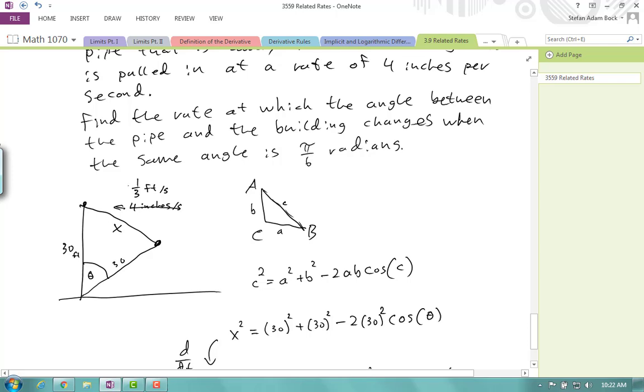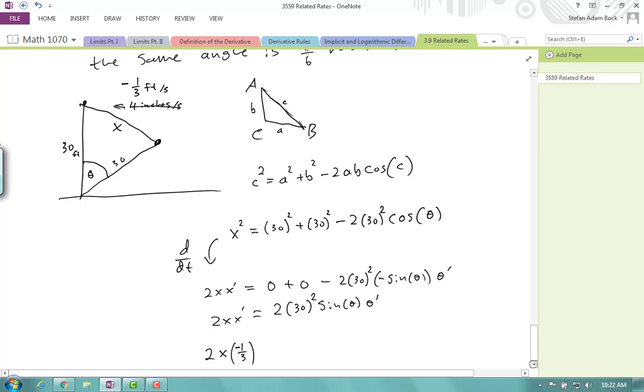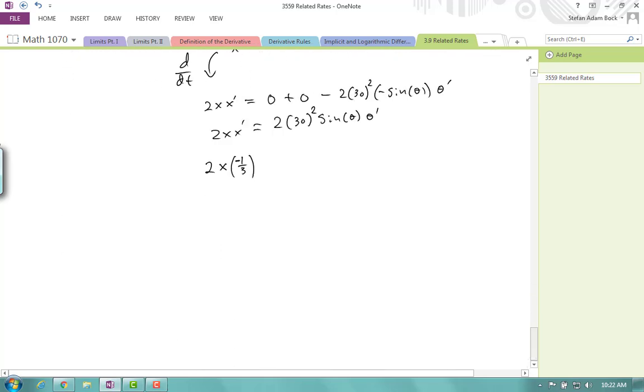So this is actually a negative rate of change for that side. This is equal to 2 times 30 squared sine of pi over 6. And I have left the theta prime, which I want to solve for.